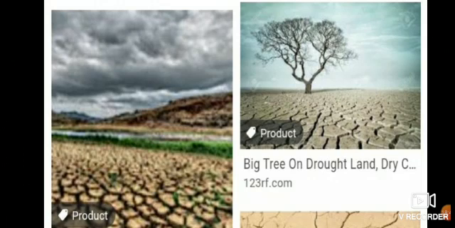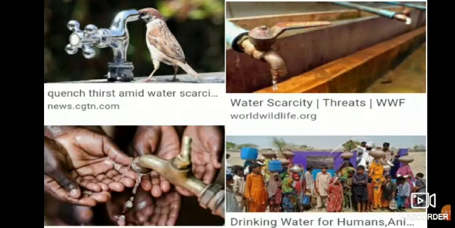And because of this, humans and animals suffer from scarcity of water. There is no water for agriculture also. And in this condition, see here, you can see the birds, how she is drinking the water. Then with a little water, so many people are washing their hands.